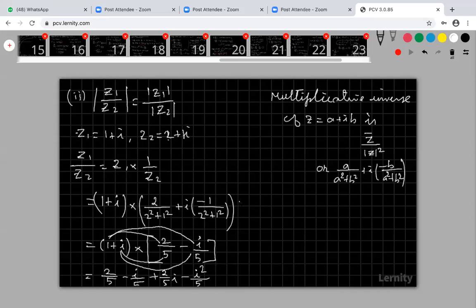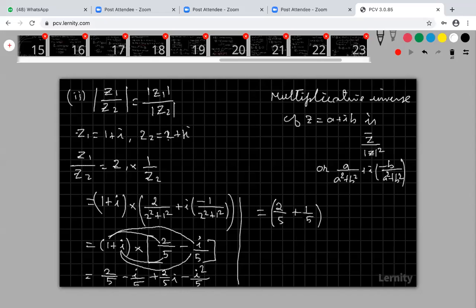What is my i square value? My i square is minus 1. i is root of minus 1, i square is minus 1. So therefore this is 2 by 5. Please note that this i square is minus 1. Minus of minus becomes plus. So therefore 1 by 5.